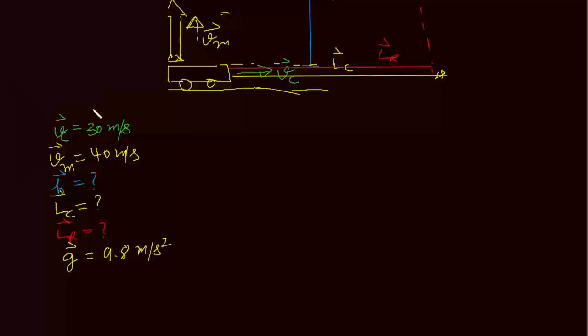What is the dimension of velocity? You can go to the video of part 1 and you can see that velocity is L T to the power minus 1. This is also L T to the power minus 1. Height is L. Lc is also L.